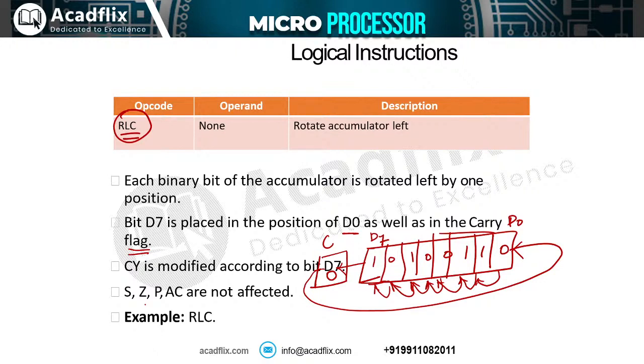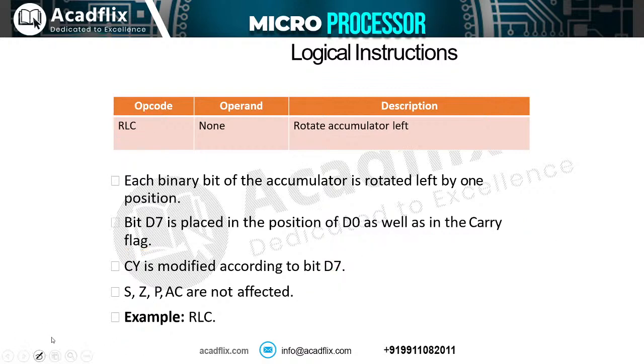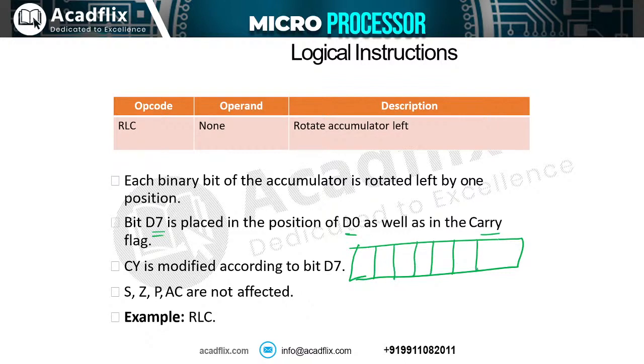Okay, so I have a doubt here. In the question it is written that D7 is placed in the position of D0 as well as the carry flag. According to this definition, we have 8 bits D7, D6, D5, D4, D3, D2, D1, D0.